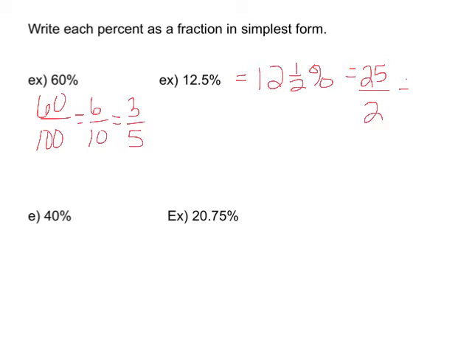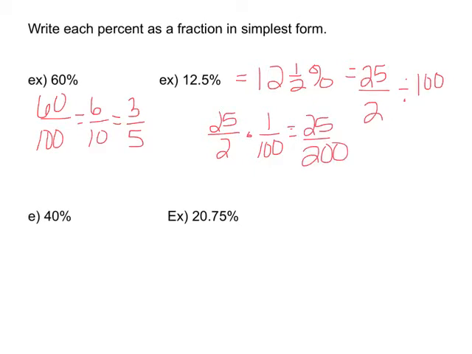So when I divide by 100, I'm going to follow my norms of keep, change, and flip. So I'm going to get 25 over 2 times 1 over 100. So I get 25 over 200, which is going to simplify to 1/8.